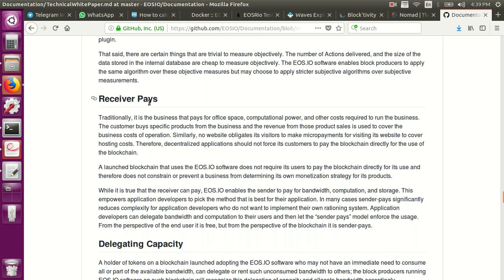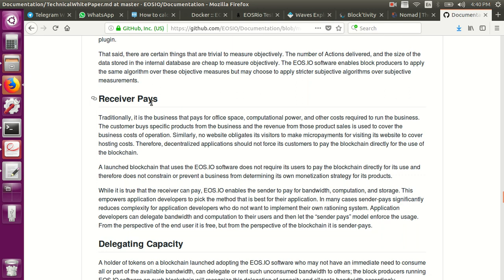One of the most interesting aspects of EOS is that it allows for various different payment models. One of the poor user experience qualities of Ethereum is the fact that the sender is always paying for transactions, which makes it hard for people who don't know anything about cryptocurrency to actually use the blockchain. In the EOS model, you can set it up however you want.